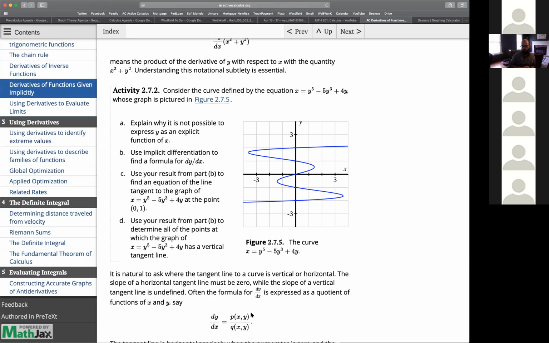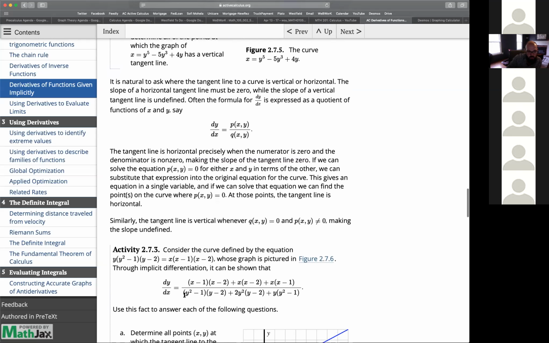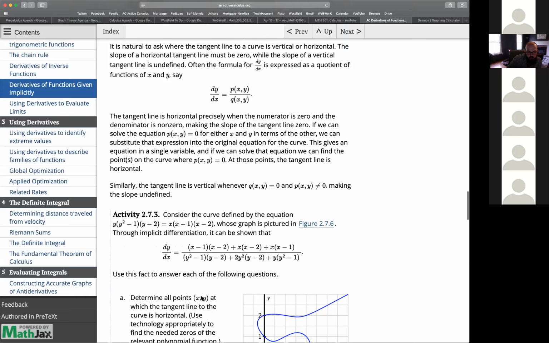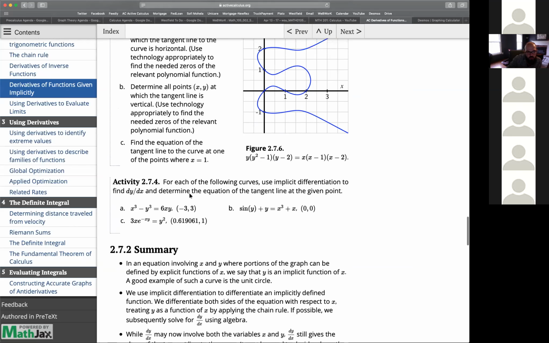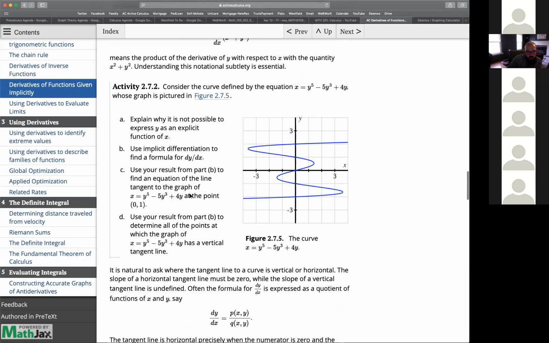Can we do a quotient rule one? Yeah, where we see a quotient rule. I can make one up. Luke, the secret is you don't really ever have to do quotient rule, because anytime you have a denominator, you can multiply the whole expression through by that denominator and get rid of it.